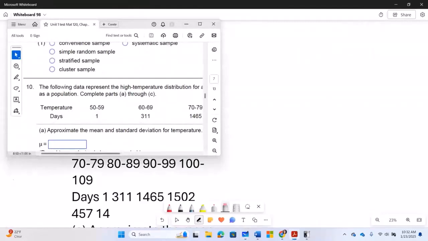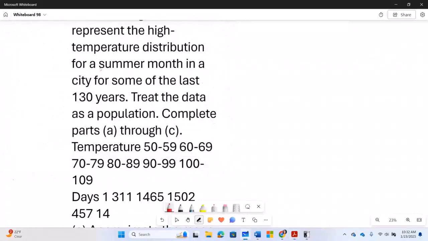So I'm going to make it vertical group data, and we can read the question later on. The only things I want to copy are the classes and the frequency. So this is class and this is frequency.